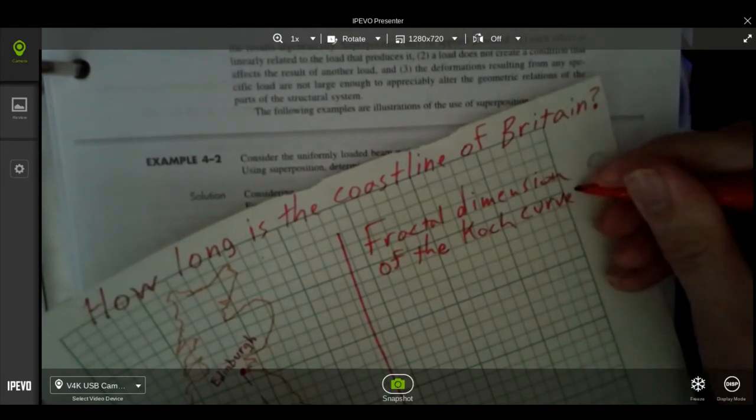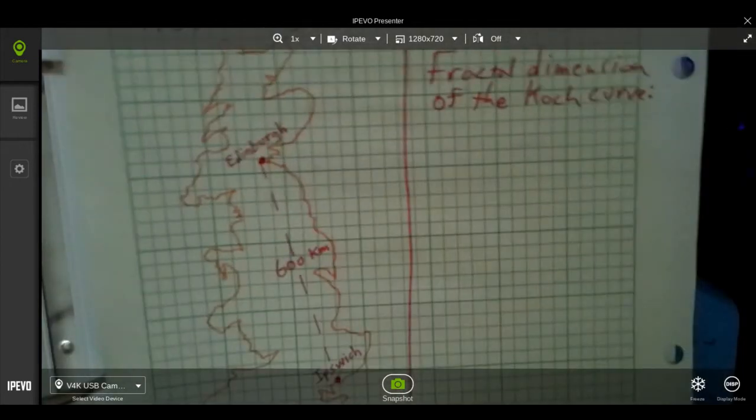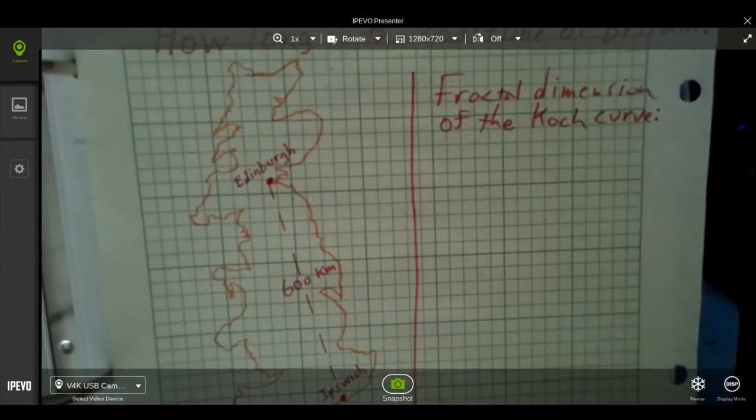Usually with dimensions, you think of something that's one-dimensional, two-dimensional, three-dimensional, okay? They're whole numbers, right? Well, it turns out the definition of dimension can be used elsewhere, and you get dimensions that are not whole numbers. So a fractal dimension could be something like 1.6, 1.313. Okay, that's a fractal dimension.